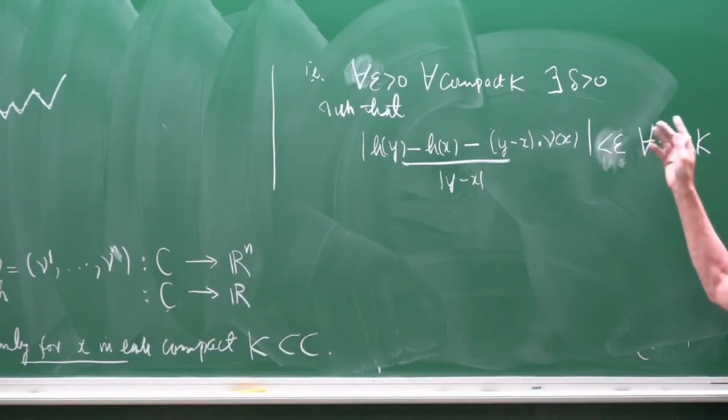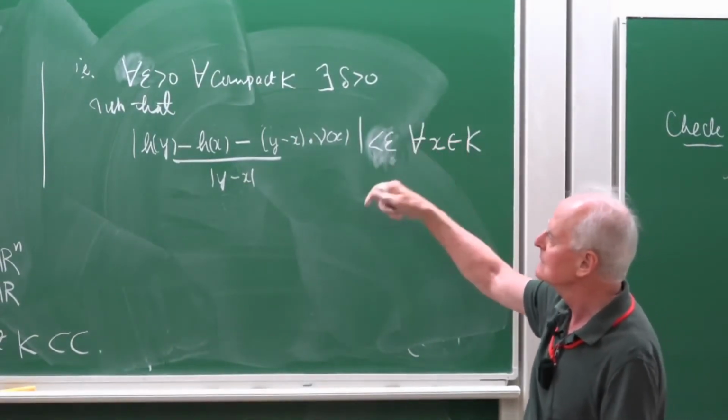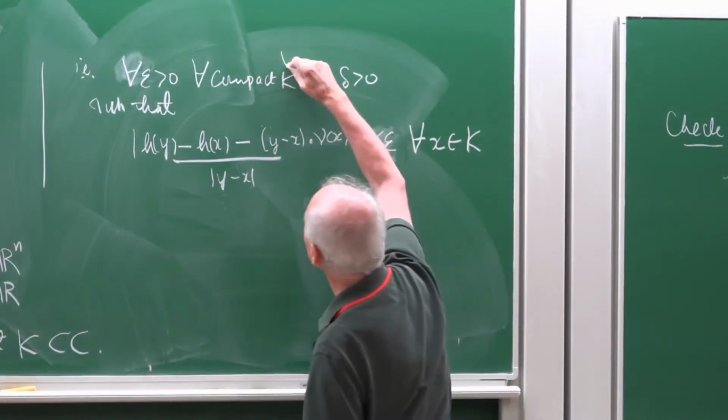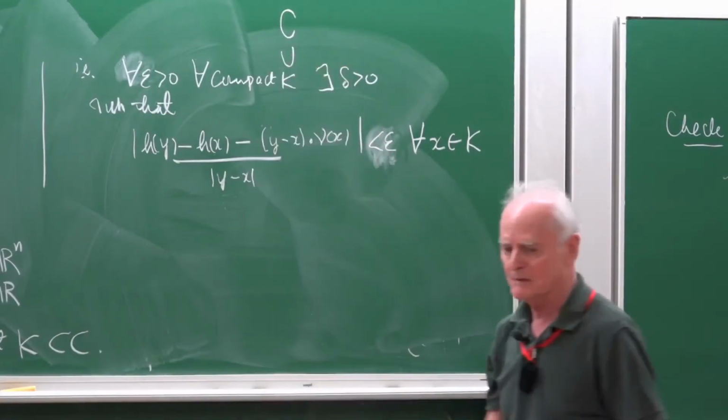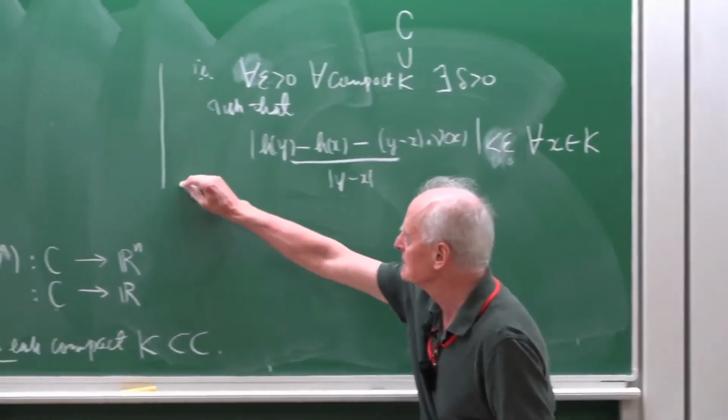The delta doesn't depend on x. It only depends on which compact set you're talking about. For each compact K, of course, contained in the set C, it's got to be contained in C, otherwise it makes no sense. So that's what the uniform thing means.